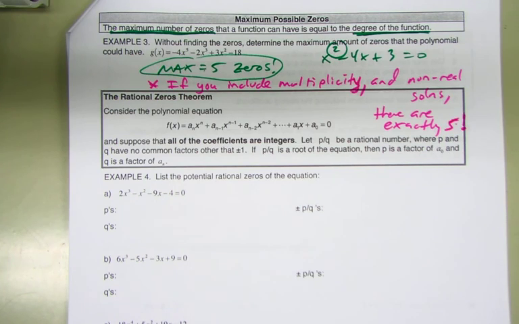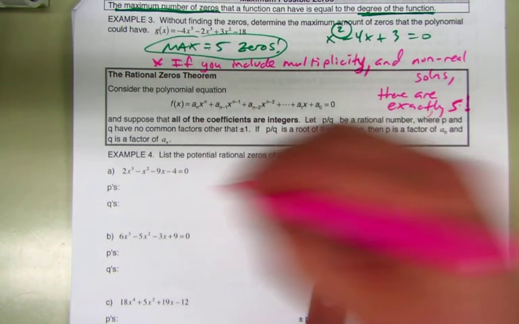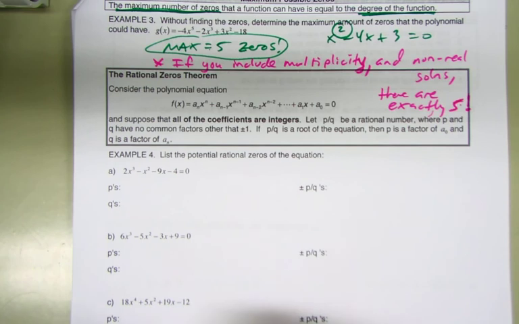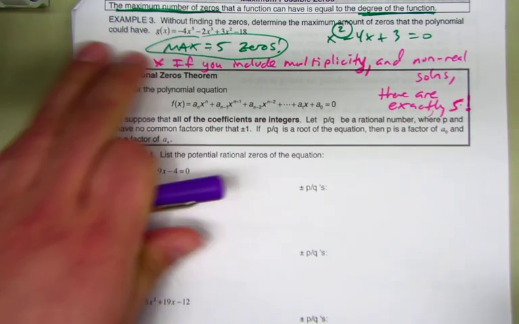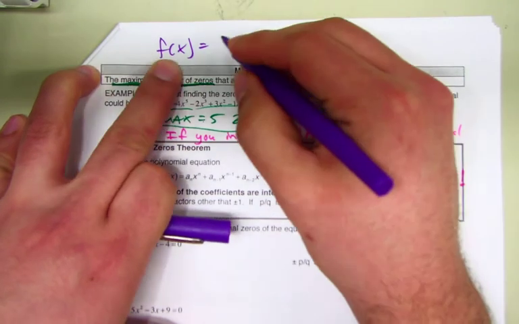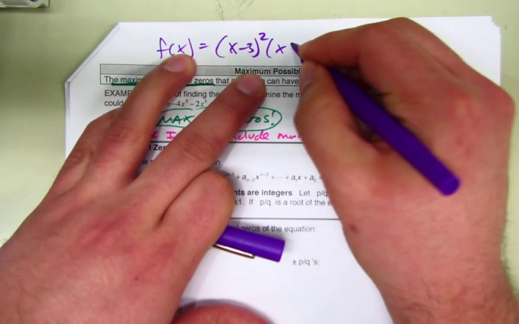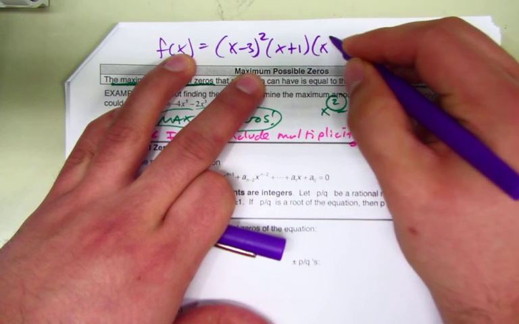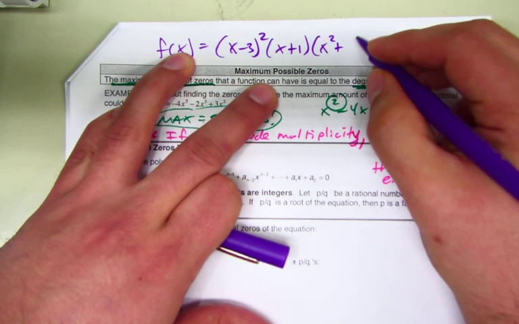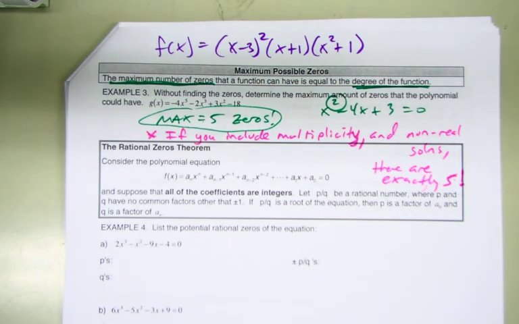So what I mean by that is this. Separate example before we get into this P's and Q's business. Let's say I have something like this. Okay?